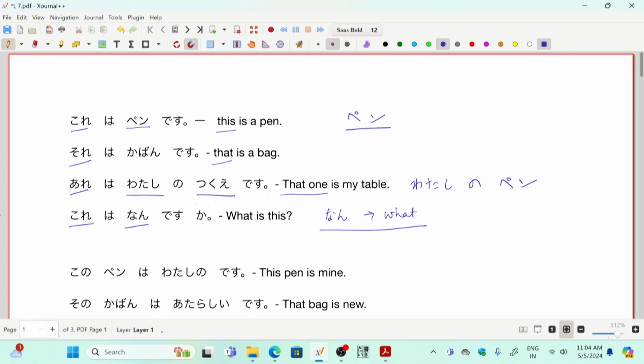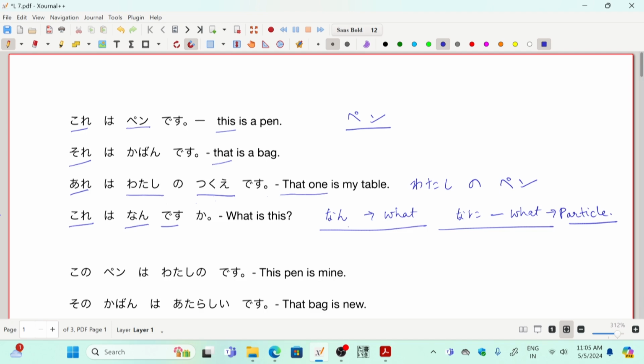We can also use nani for what. So there is a difference where we use nan and where we use nani. Nan will be used when there is desu, and nani will be used when there is another particle after it. We'll learn that in another class.